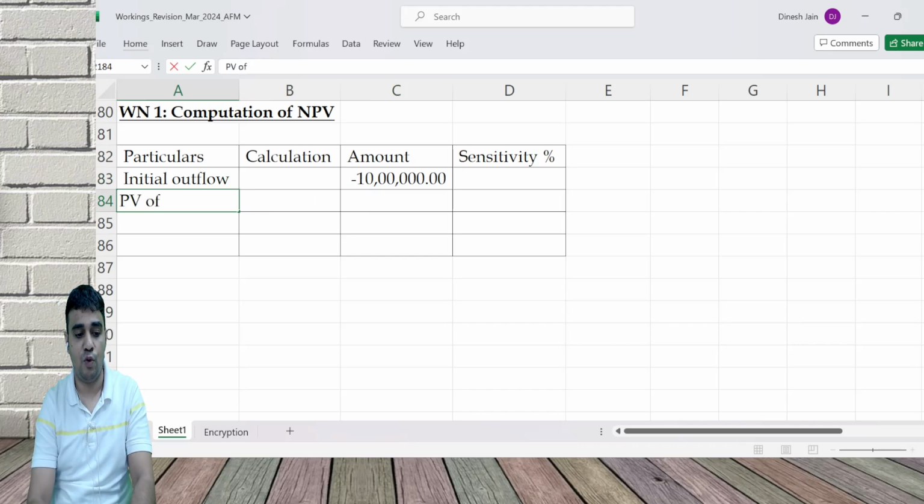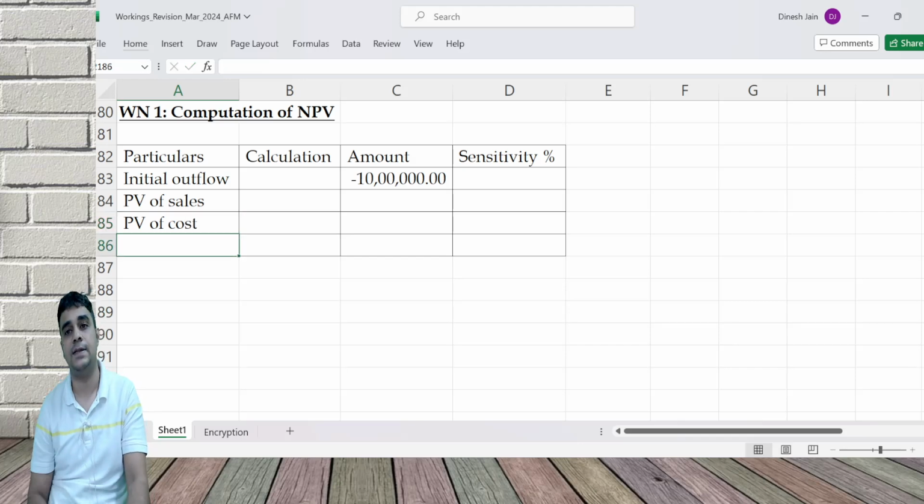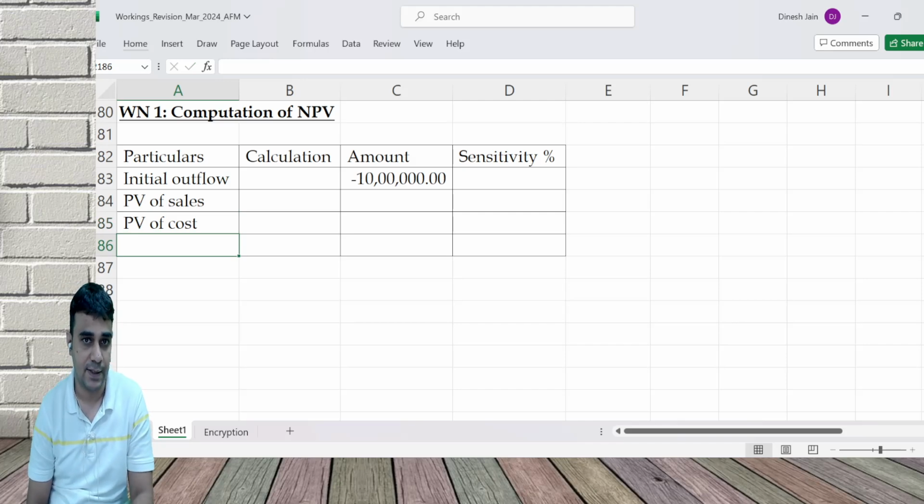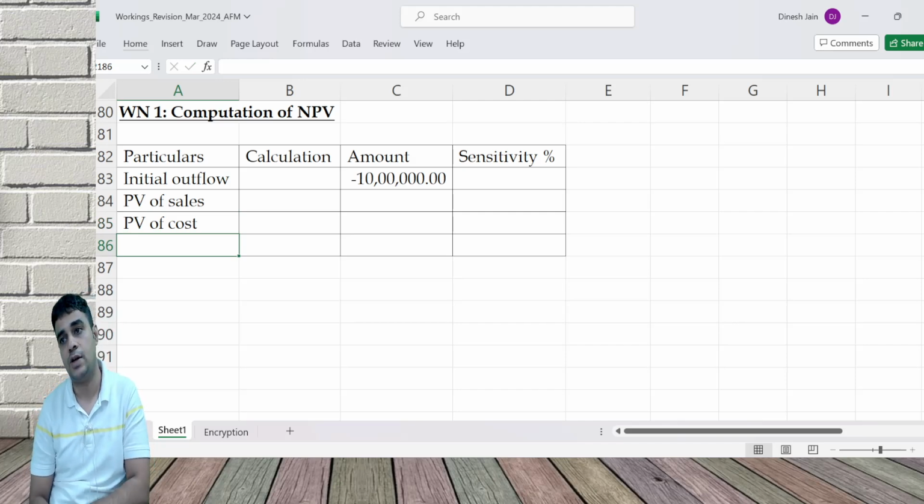Present value of sales separately, present value of cost separately. I'll do separate analysis.